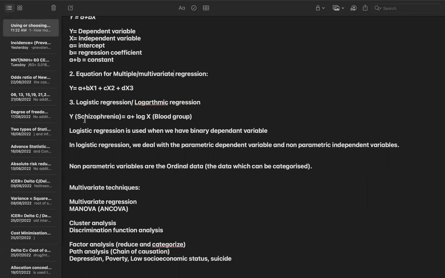For example, schizophrenia can occur or it cannot occur. We cannot say this is partial schizophrenia. The answers are yes or no. If it is schizophrenia, this is yes. If it is not schizophrenia, then it is no. So logistic regression is used especially when we have a binary dependent variable.